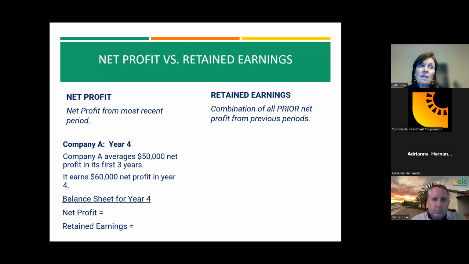So on the balance sheet for year 4, when year 4 is over, the net profit is going to be $60,000, where just above it told you that it earned $60,000 in that 4th year. The retained earnings is $150,000. And the way we got that is we know the business has been in business for 4 years. Retained earnings is summarizing the 3 years prior, and the net profit is the $60,000.